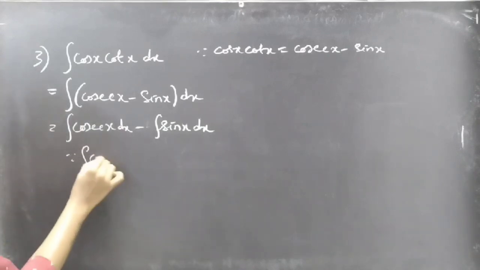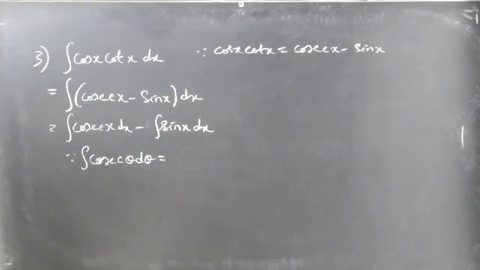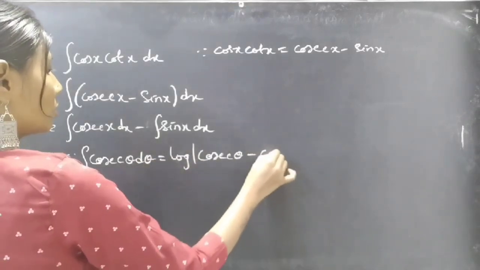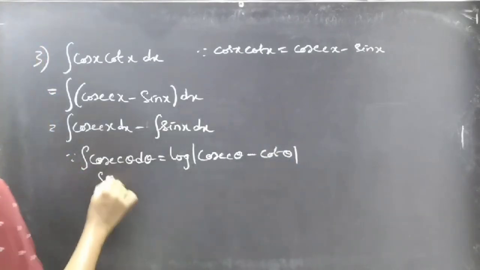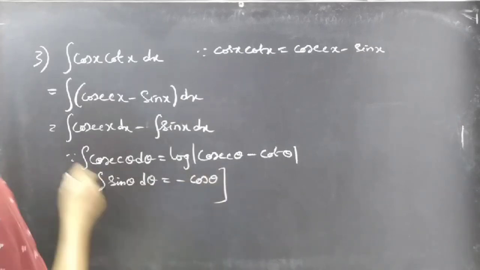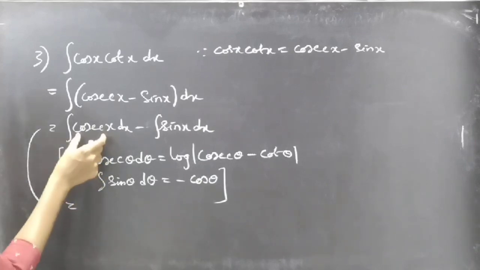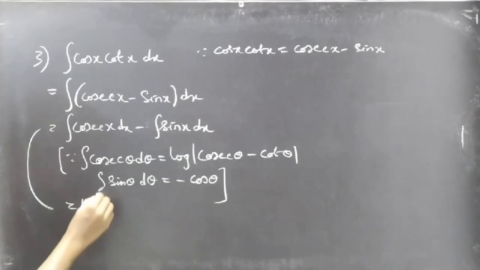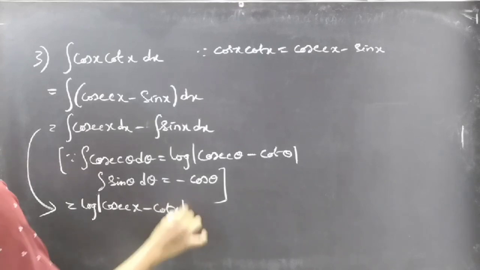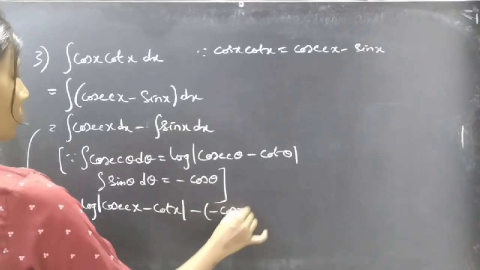Since we know that integral cosecant theta d theta equal to log mod cosecant theta minus cot theta, and integral sin theta d theta is minus cos theta, the expression becomes integral cosecant x dx is log mod cosecant x minus cot x, minus integral sin x dx which is minus cos x, right?